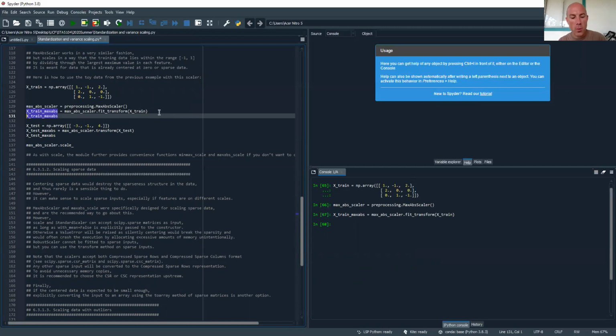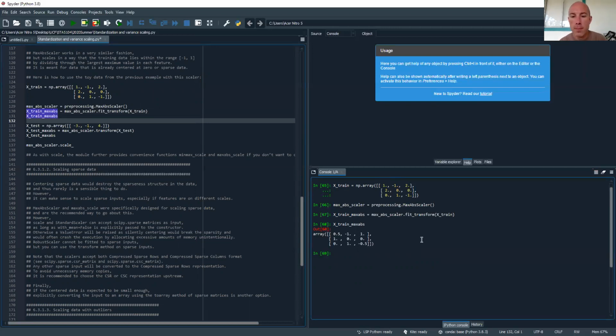Now let's take a look at what we get back. Here we can see that the 0, 1 values, the absolute values, correspond to the magnitude of the numbers. So this did the 0, 1 transformation on the absolute values.